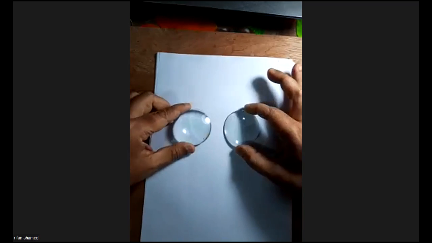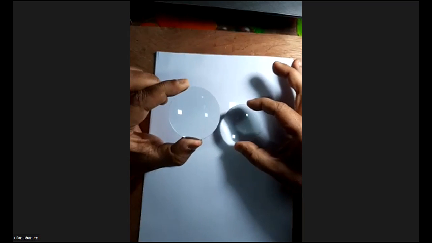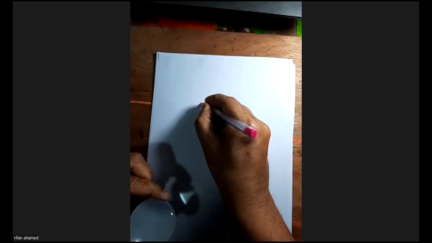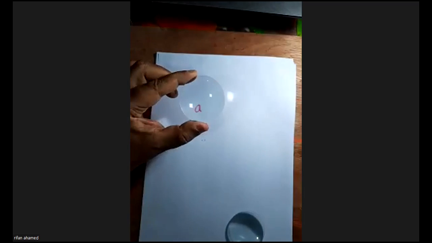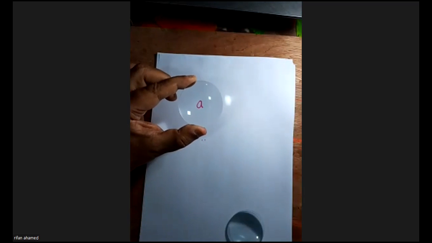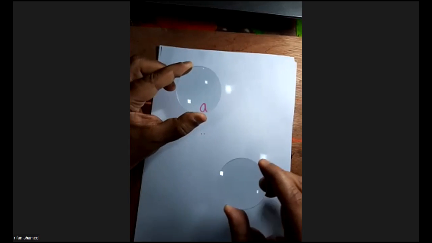So, what I want to tell you is, compared to using one convex lens, if you use 2 convex lenses, now see, I am writing letter A. How does the letter A appear here? Bigger. Correct?